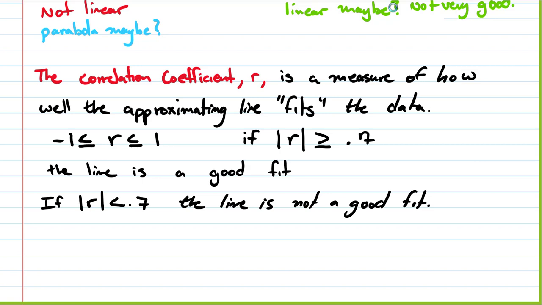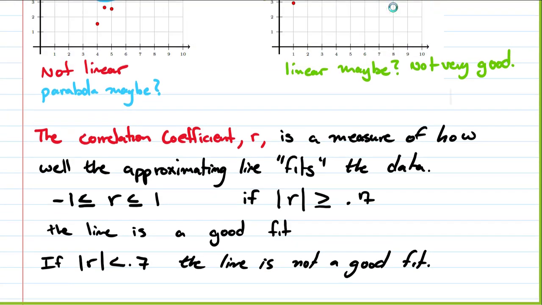So what the correlation coefficient is really measuring is what's called the least squares distance from the line to every point.